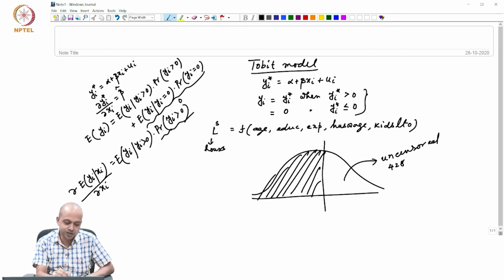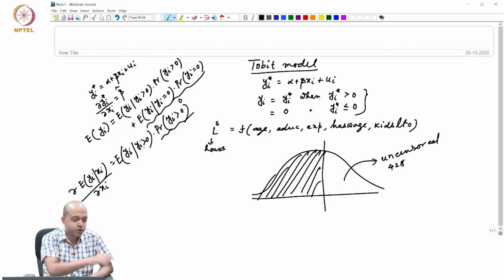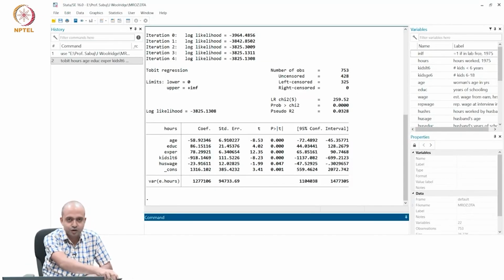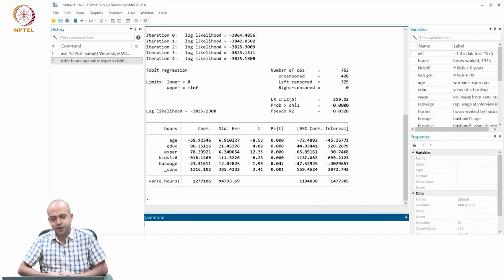Since the probability of yi greater than 0 is also multiplied with this, we cannot take those as direct interpretation of marginal effects. So, again, like the logit and probit model, we need to put a specific command for getting the marginal effect.